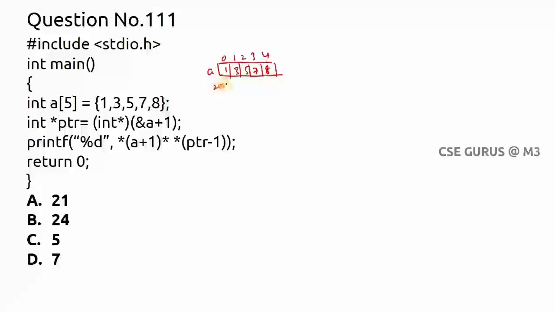Let us suppose this is the address 2000. Integer takes 4 bytes, that's why this is 2004, this is 2008, this is 2012, this is 2016. The addresses are 2000 to 2003, 2004 to 2007, 2008 to 2011, 2012 to 2015, 2016 to 2019.